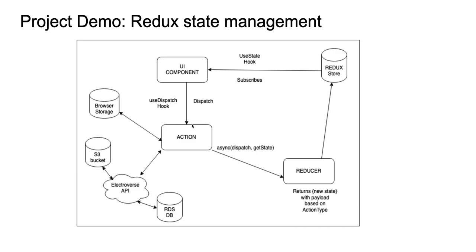It dispatches an action using the useDispatch hook from React, and the action is responsible for dealing with the reducer by calling asynchronous functions. Afterwards, the reducer creates the new state based on the payload and the action type, and it ultimately updates the Redux store.